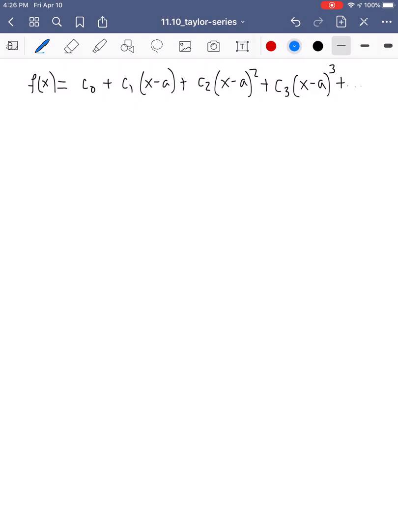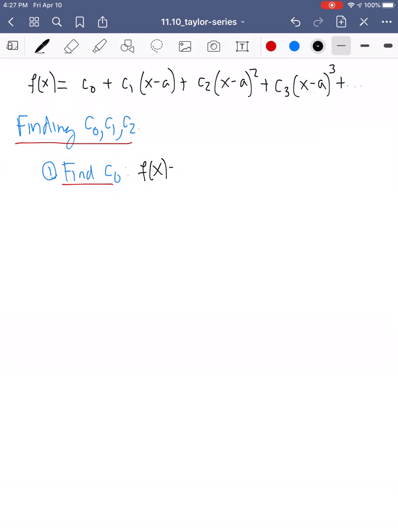So first things first, if we're going to try to find all those c's, let's start in order. The first thing, let's try to find C0.